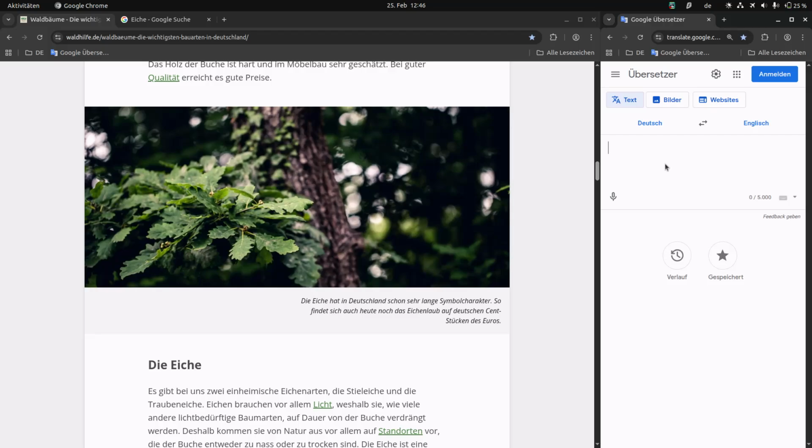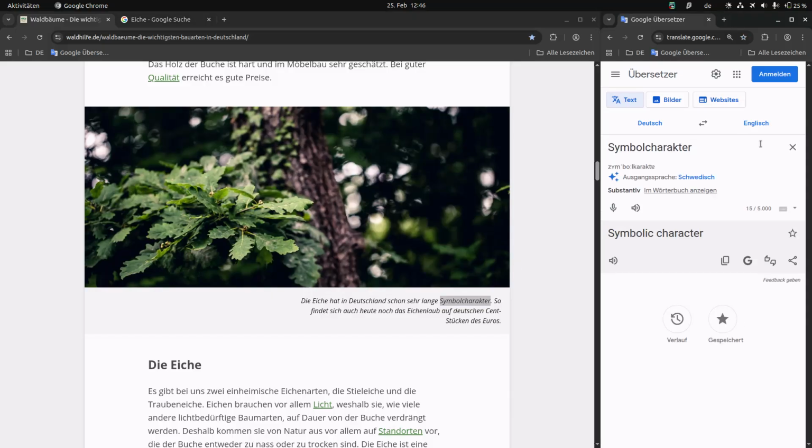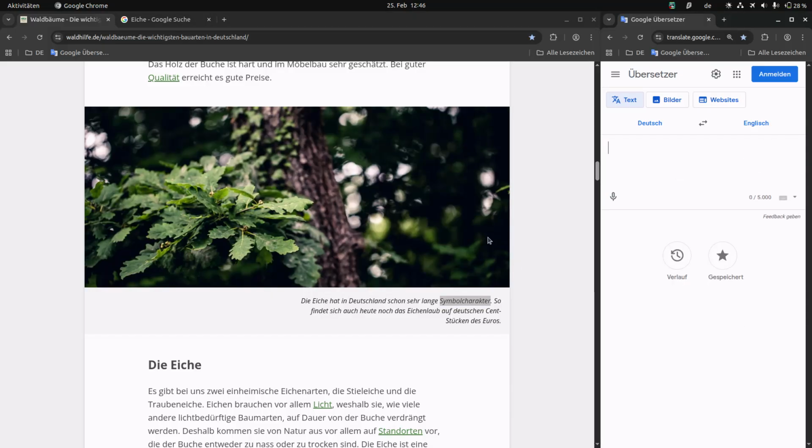So, symbol character, I don't know if you say that in English. Yeah, symbolic character, maybe rather. So, the oak has in Germany already very long symbol character, so the oak has been a symbol or symbolic character in Germany for a very long time.